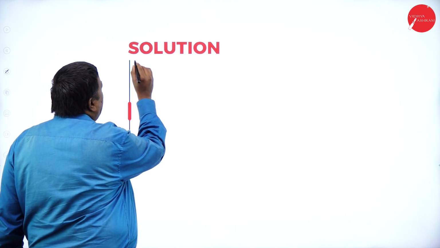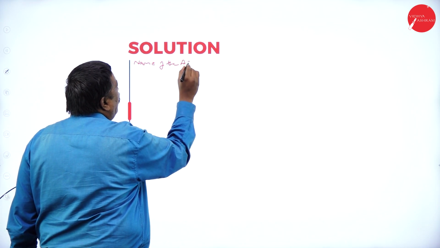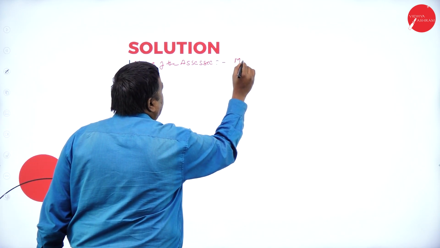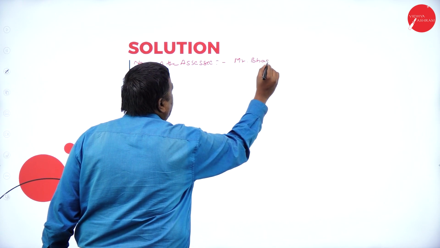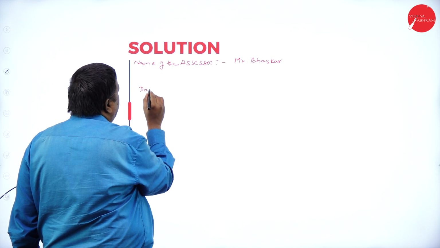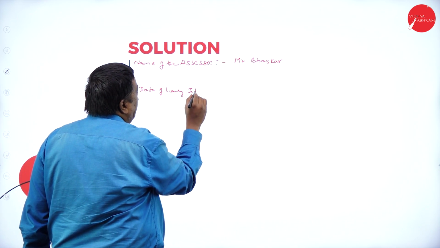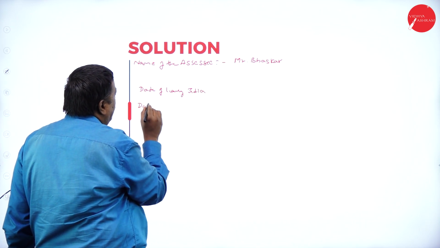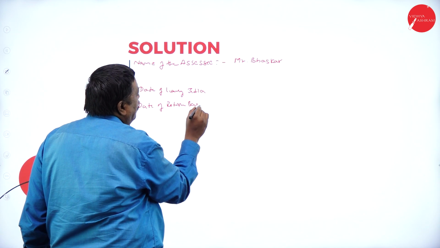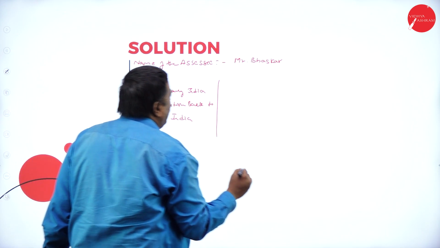Now, name of the assessee. We have to write it here, Mr. Bhaskar. Next, date of leaving India and date of returning back to India.